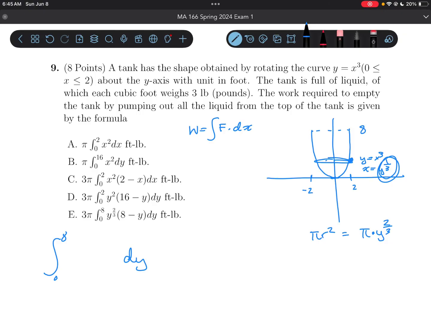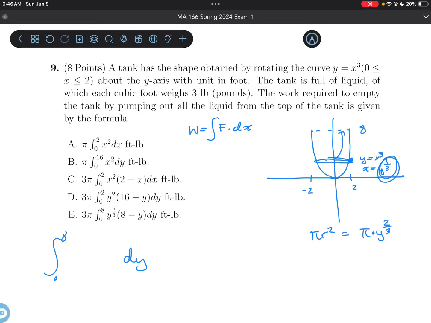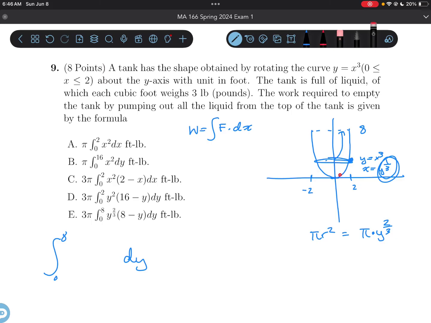Okay, and the other quantity we need is how much we're raising the water by. So that's easy to see. The value of the distance here is y, the variable we're integrating in terms of, which means that this distance would be 8 minus y. So we have pi times y to the power of 2/3 times 8 minus y.